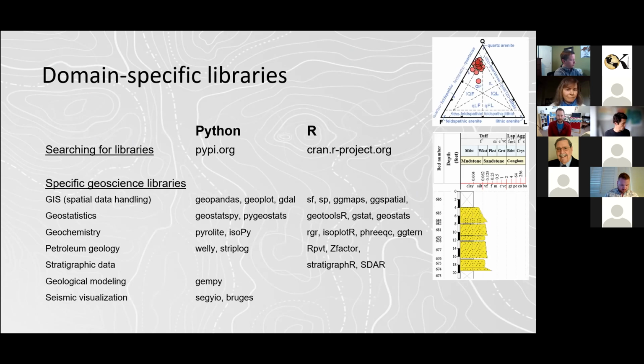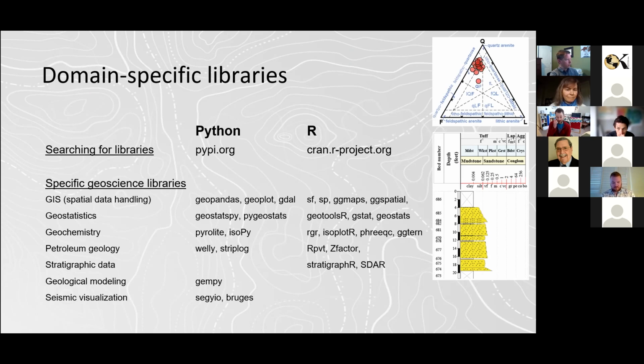When we talk about domain-specific libraries to actually do geoscience work, there are lots of different places you can search for libraries where people have written code to do various things. For R, there's CRAN, and for Python, there are a few, like PyPI. You can also download through GitHub.